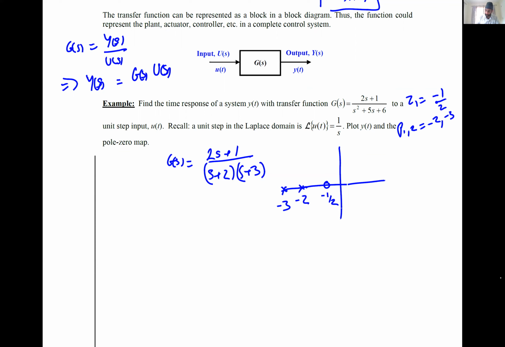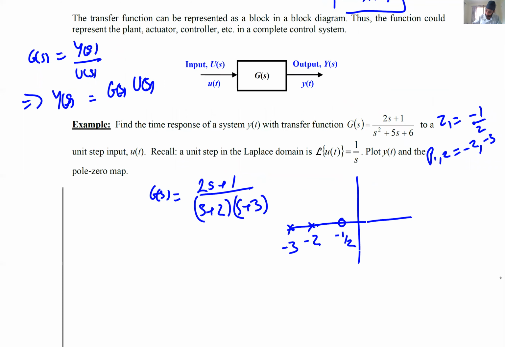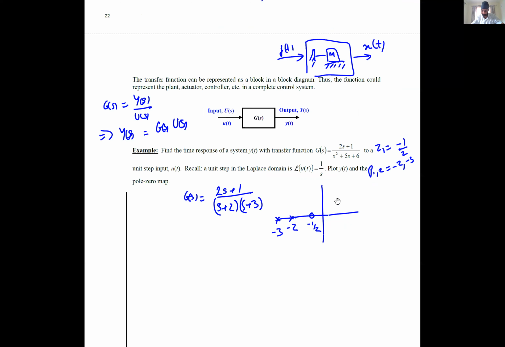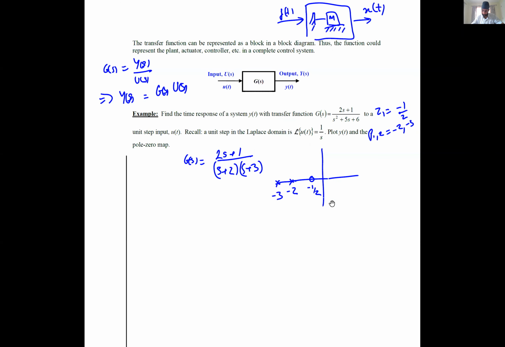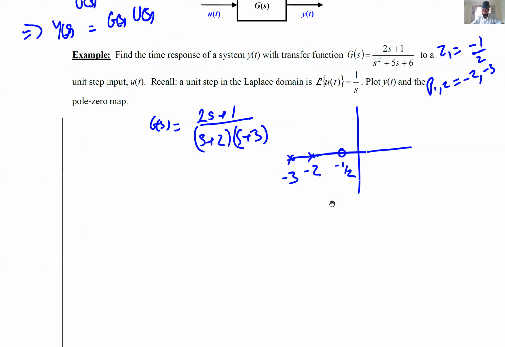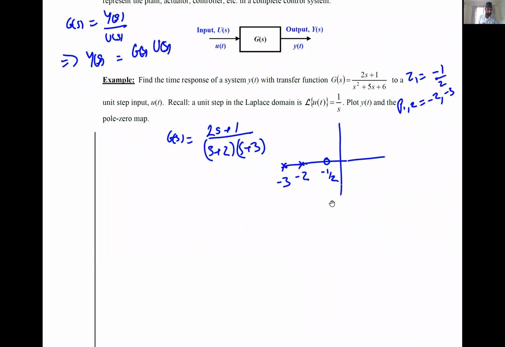If I'm trying to find out the response y(t), let's start by determining what is the Laplace transform of y. So that is found as what is shown in the top of the page.